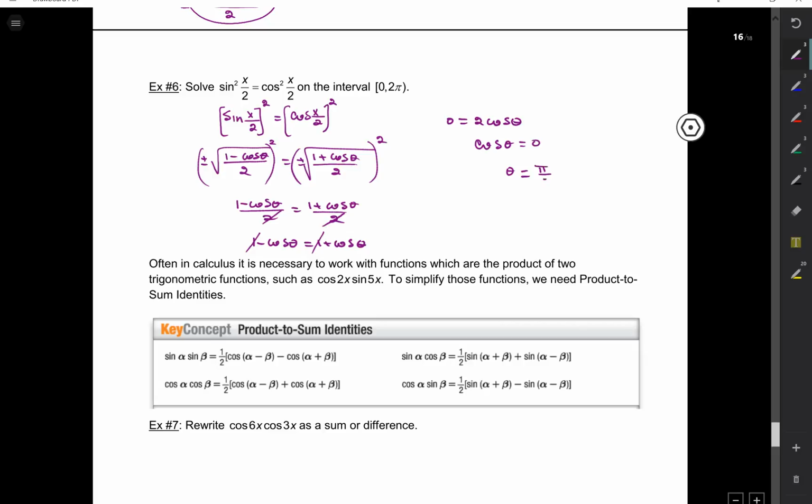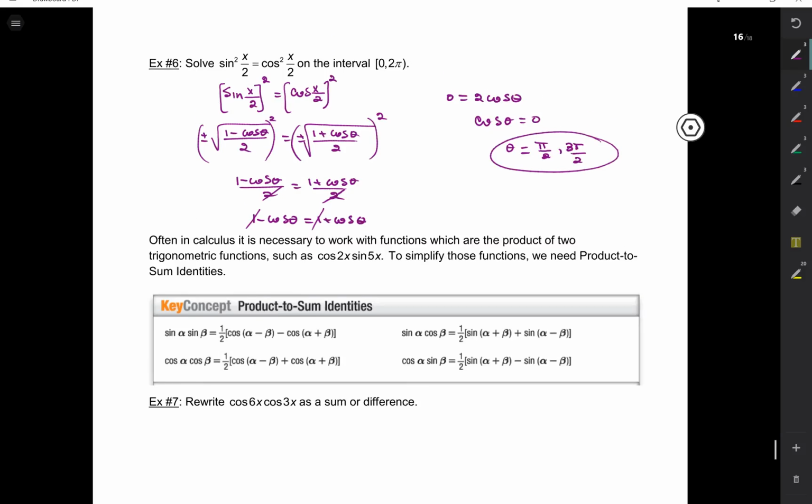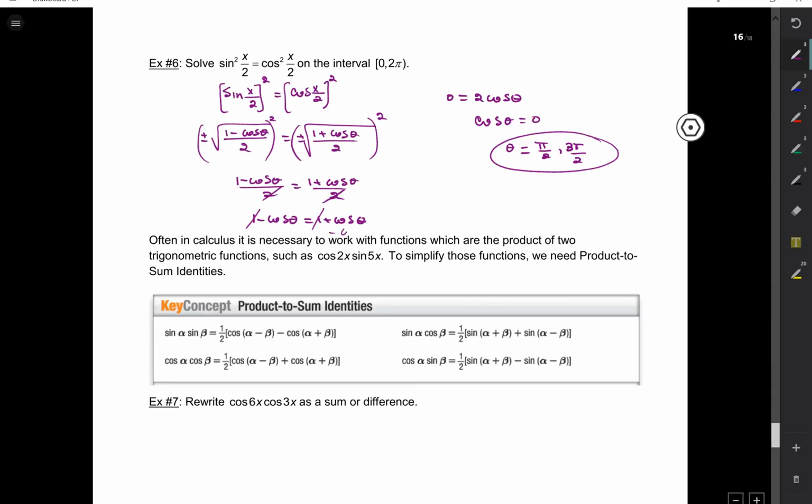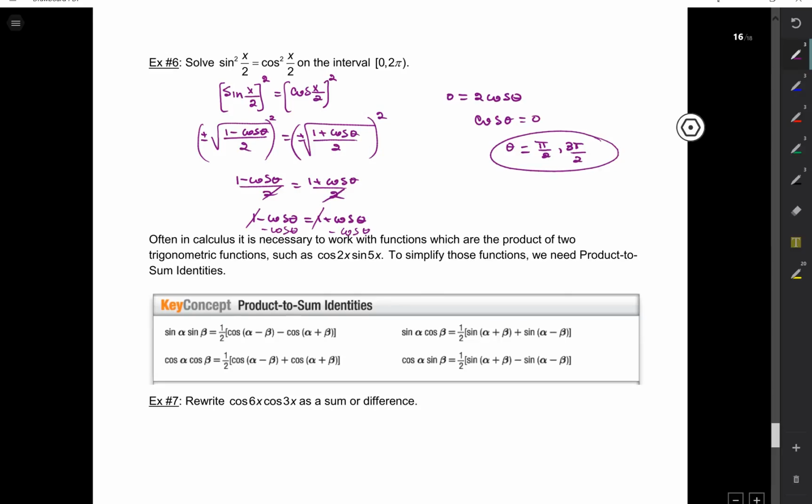Pi over 2 plus... Negative cosine theta plus cosine theta. Whether it's a straight bracket or a round bracket, this can be equal to 0 and cannot be.